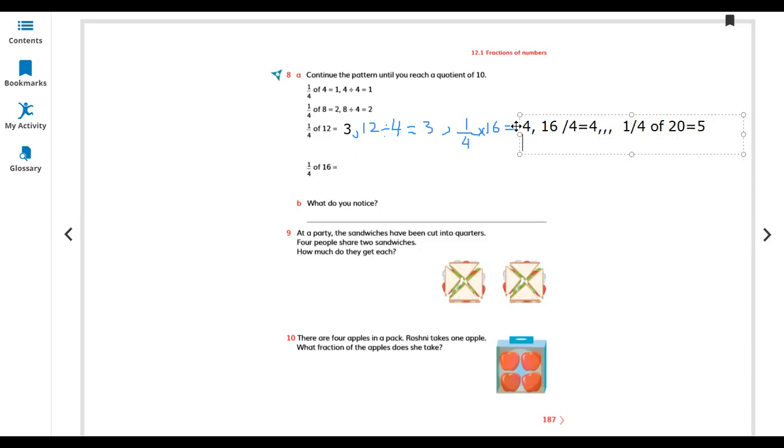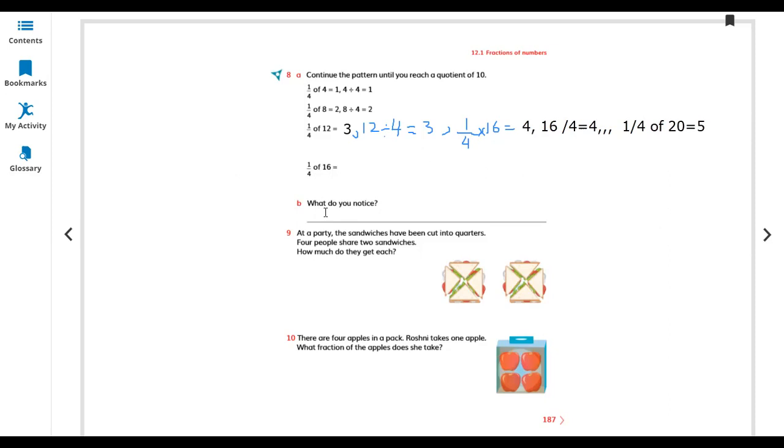As it is, we do the next: 1 by 4 of 24, 1 by 4 of 28, 1 by 4 of, using the table of 4, 32, 1 by 4 of 36, 1 by 4 of 40, until 10. So as on we are doing. To do the next part, 1 by 4 of 16, it's coming 4, and then all this part coming here.